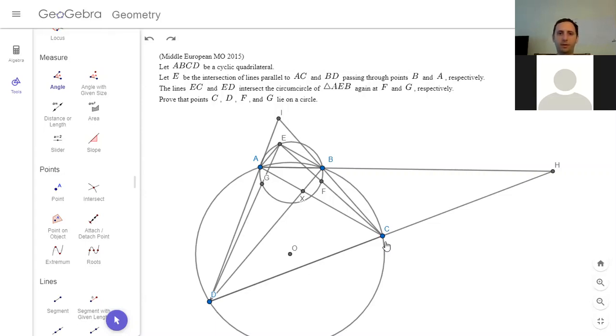It's not that hard, really. I don't know if that fact helps, or maybe it just doesn't help for this problem. But it is interesting, right? Angle EID is equal to angle XIC, and IX is perpendicular to HO by Brocard.